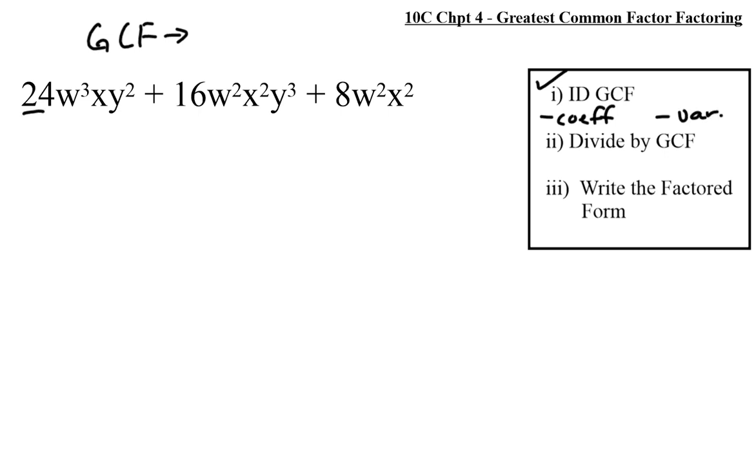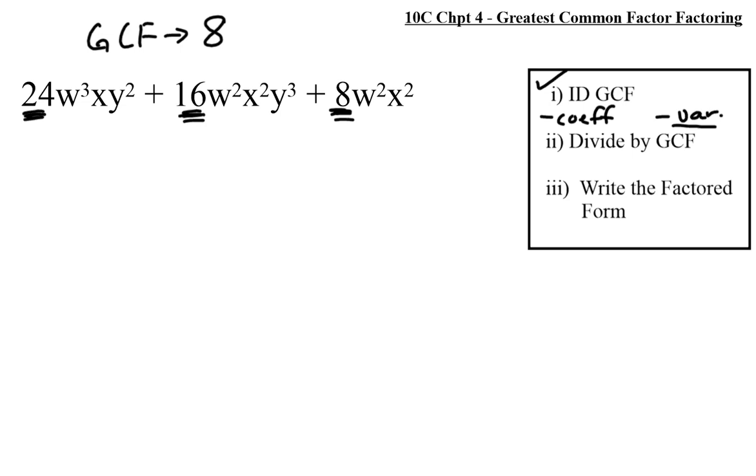So if I take a look at the coefficients to start, 24, 16, and 8, what's the biggest value that'll divide into those? Because that'll be the biggest factor that we can factor out from each term. And in this case, it's 8. 24 divided by 8, 16 divided by 8, 8 divided by 8. That's the biggest value.